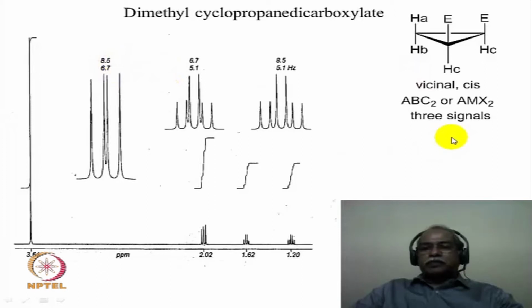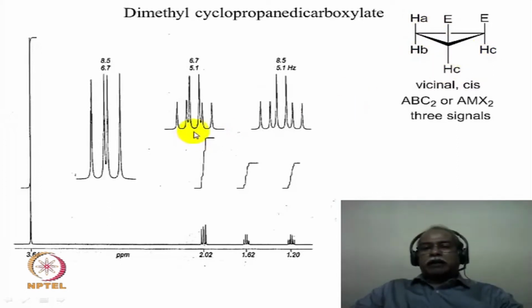The multiplicity of HA is probably the next one at a higher delta value of about 1.62 ppm. It is split into a doublet by HB, and further into a triplet by the two HC hydrogens. So it should be a doublet of a triplet.